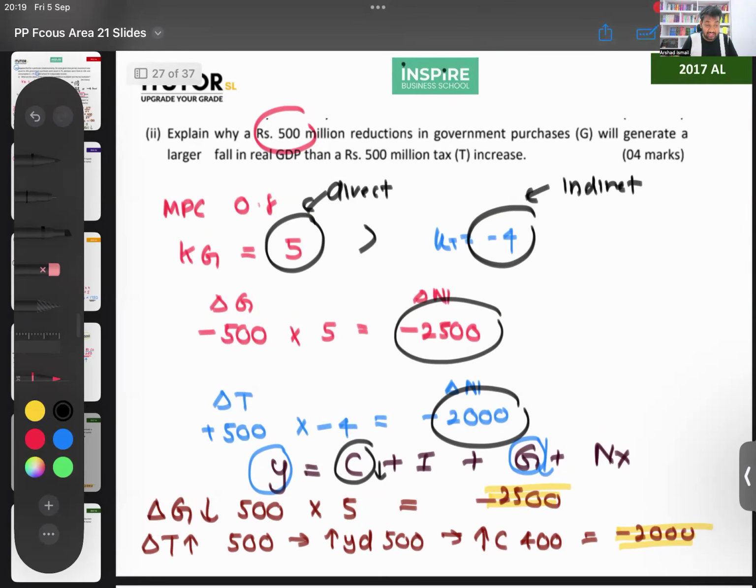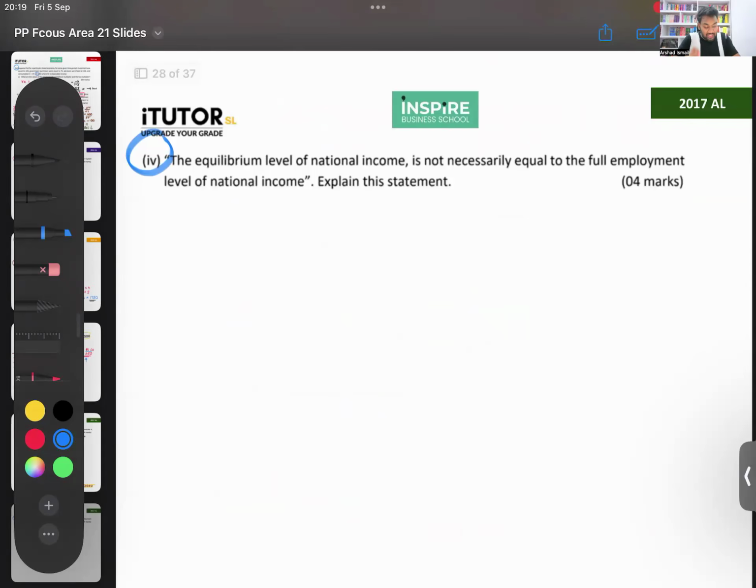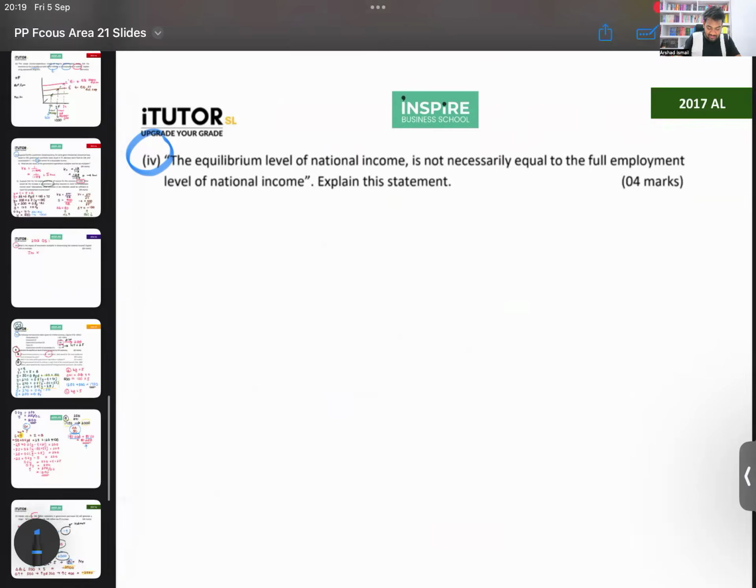That is 2017, number 2. Now 2017, number 4: the equilibrium level of national income is not necessarily the full employment level of national income. Same question as before. So the equilibrium level is not the same as full employment.